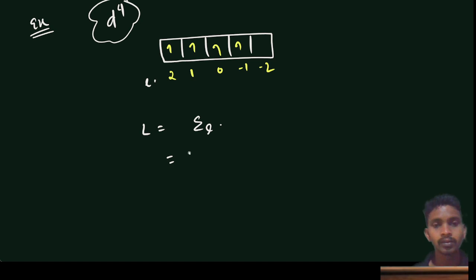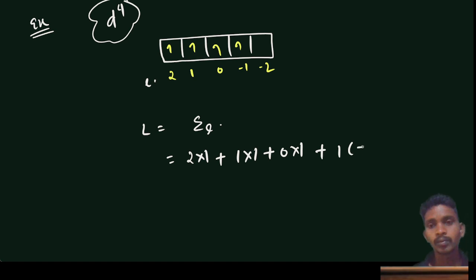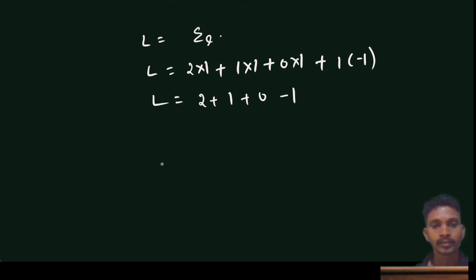That will be 2 into 1 plus 1 into 1 plus 0 into 1 plus 1 into -1. So that will be 2 plus 1 plus 0 minus 1, that is L equal to 2.